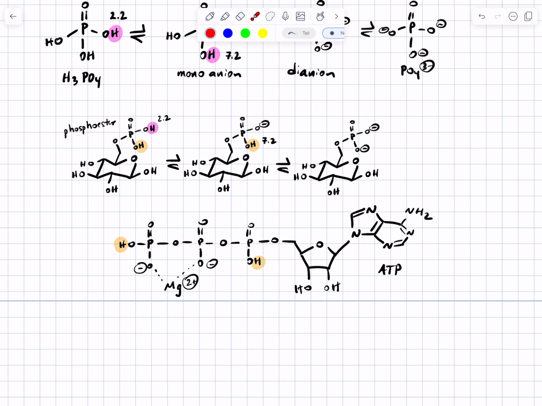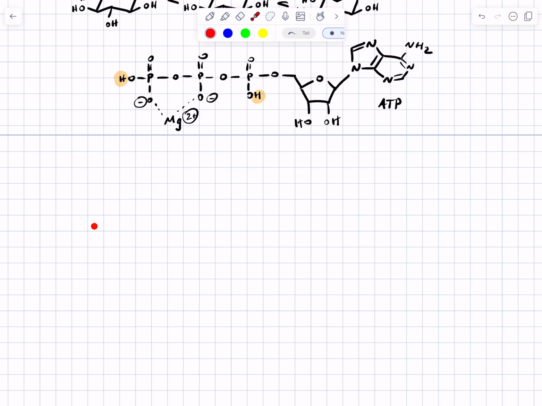The last place that this tends to show up is in DNA. You guys are used to thinking about, or have seen in other classes, that DNA has a quote-unquote sugar phosphate backbone. So this is one sugar and this is the other sugar. And you expect the pKa of this proton on DNA, or RNA for that matter, to be around, again, 2.2.